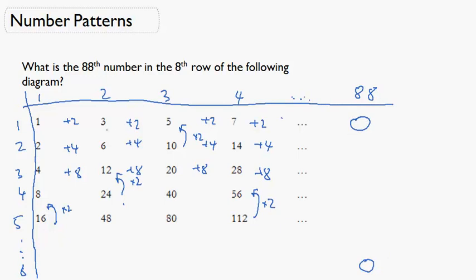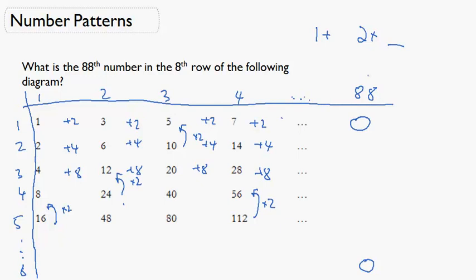Well, we know that the pattern is 1, 3, 5, 7, 9, 11, 13. You just add 2 each time. So we know that it's 1 plus a certain number of 2's, 2 times some number. So how many 2's do we add? Well, to get to the second term, we add 1 two. To get to the third term, we add 2 twos. To get to the fourth term, we add 3 twos.